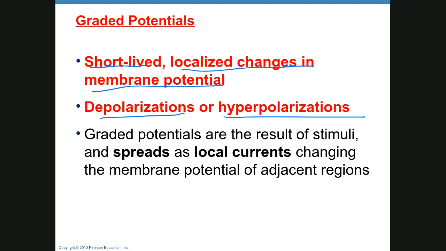So if this is a little neuron, when the stimulus arrives, and the stimulus can be something like touch, could be a chemical, could be a change in temperature, the stimulus could open sodium channels, and then sodium is going to go into the cell. That will lead to depolarization.